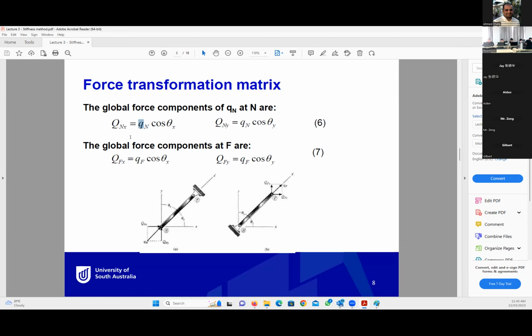If we look at figure A and figure B, for figure A we have Qnx and Qny. Qn is the force in the member direction, and Qnx and Qny are the components in the x and y directions. It is like algebraic analysis of forces using angle trigonometry. If we have Qn, how can we find Qnx and Qny? Qn cosine theta x.